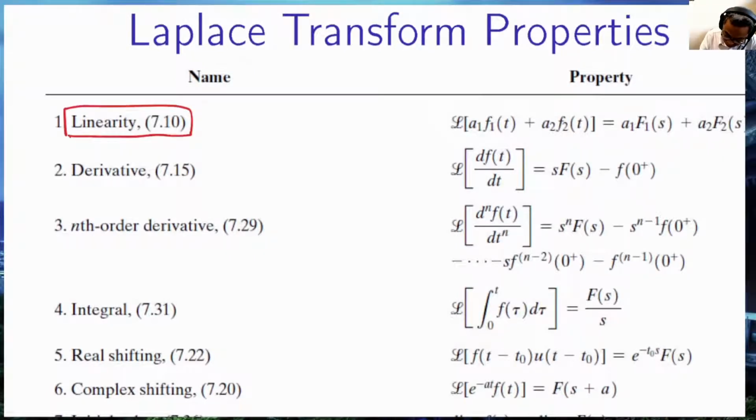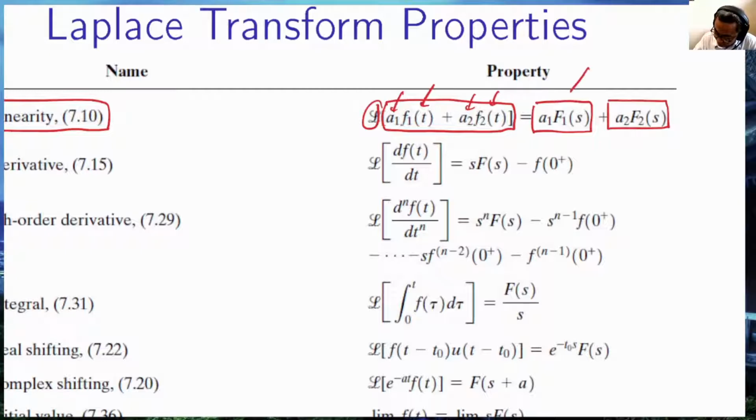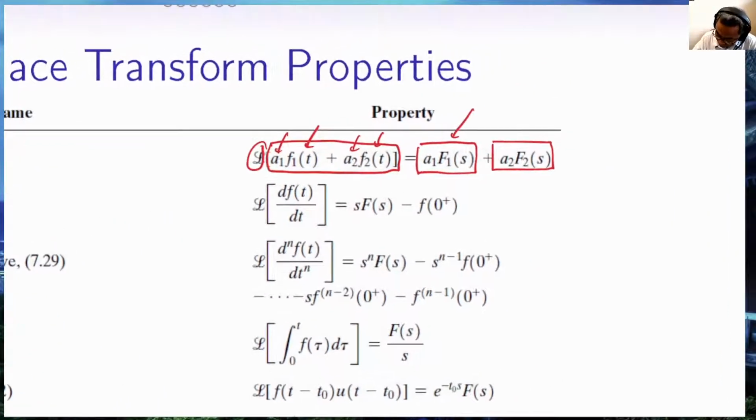Linearity. The Laplace transform of the sum of two time signals f1 of t and f2 of t, each scaled by some constant, can be broken down into individual Laplace transforms, implying that we can actually do it this way.